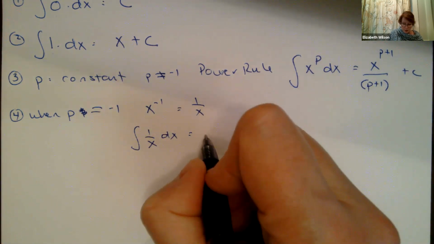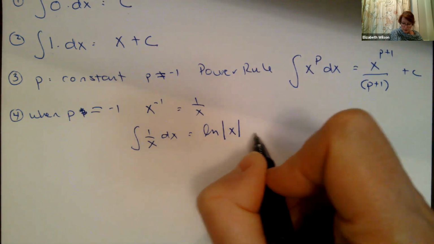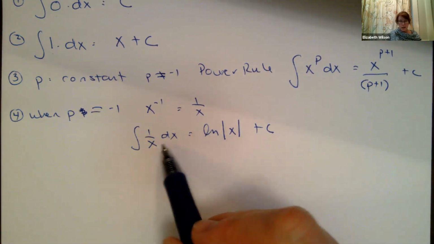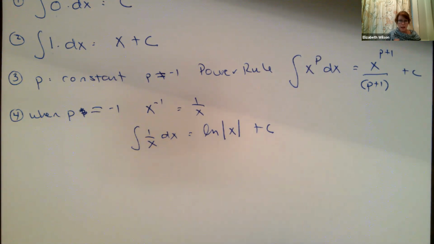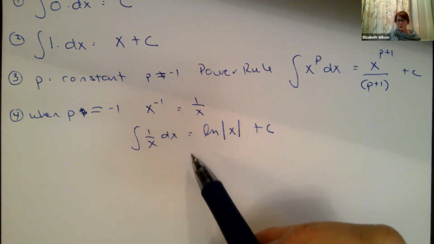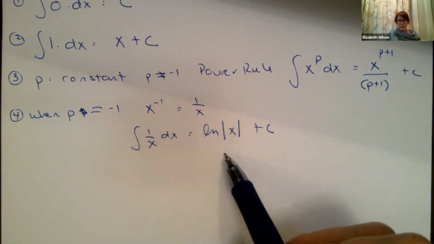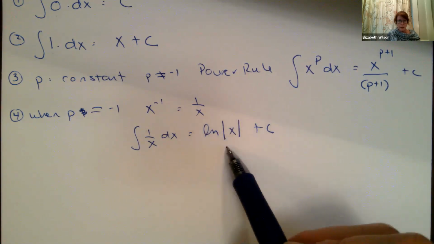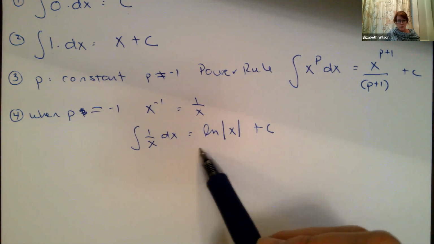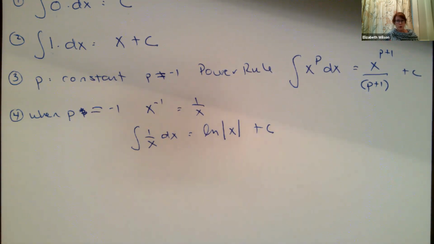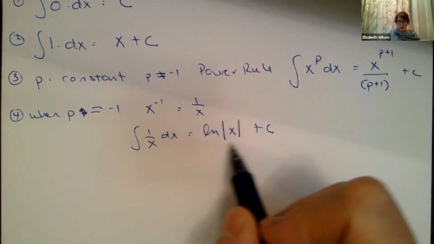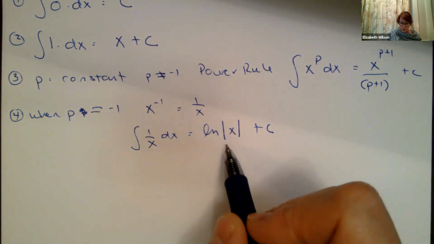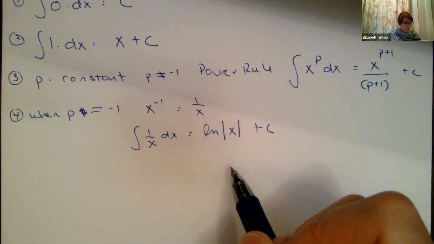I get the natural log of the absolute value of x plus c. If we are taking the natural log, we have to put the absolute value on it, because I don't know what values of x it's going to be, but I have to make sure that it satisfies the domain for my natural log. The domain for natural log is positive inputs, so I have to make sure that x is positive.